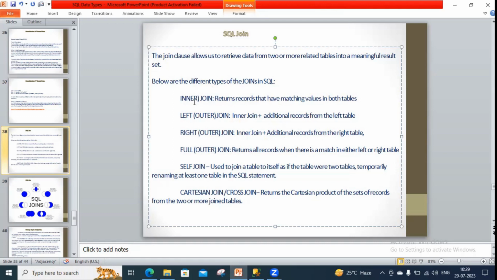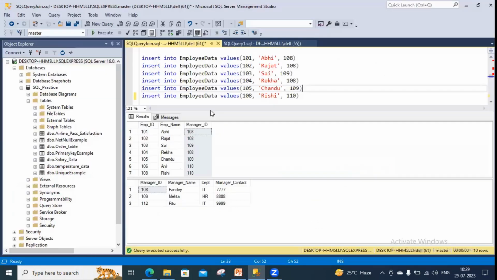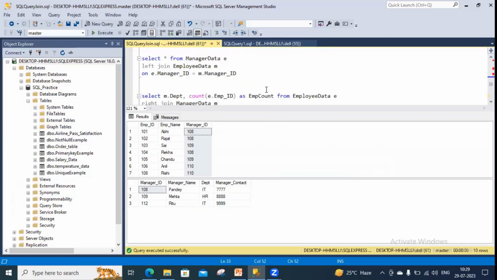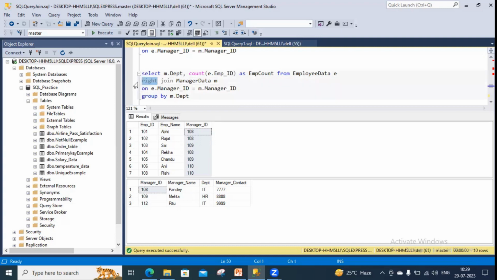I'll just remove this. If you do not use the word inner and simply write join, it will by default take it as an inner join. Got what I'm telling? Here you are using join, right? If you do not do anything here, this is by default an inner join.